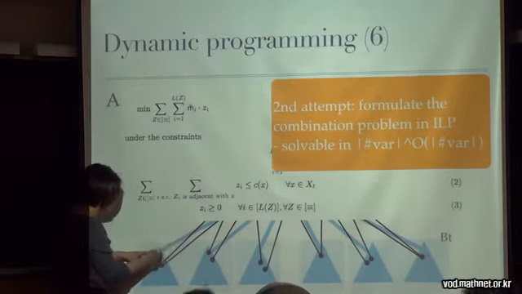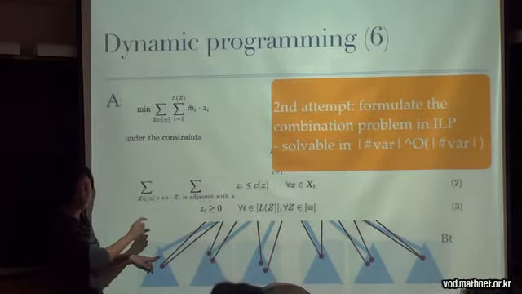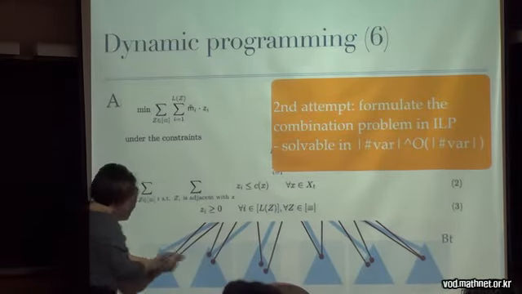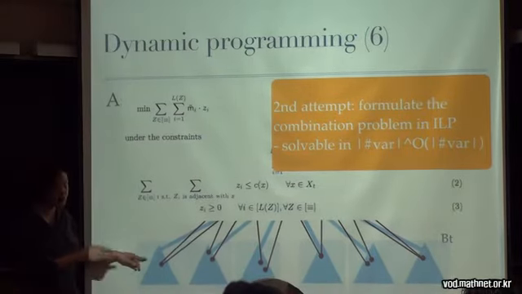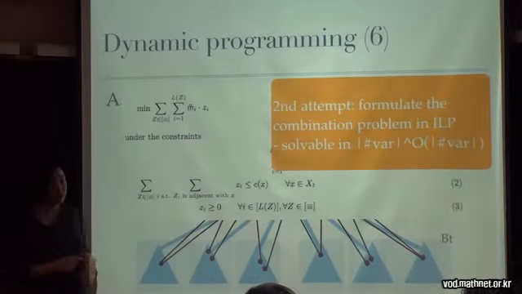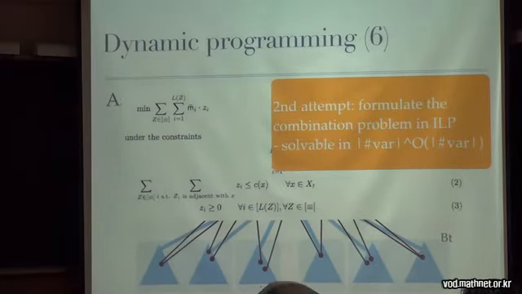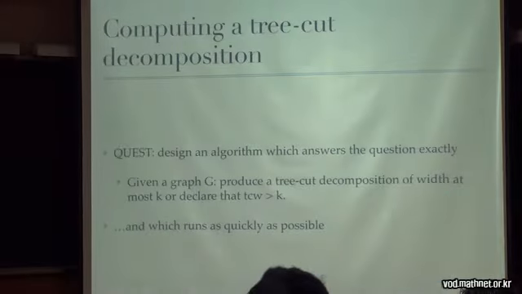Instead, you can describe exactly the same partial solution using state 2 here and state 1 here. So you don't need to look at individual nodes, but you can formulate it as a number problem, which is integer linear programming.